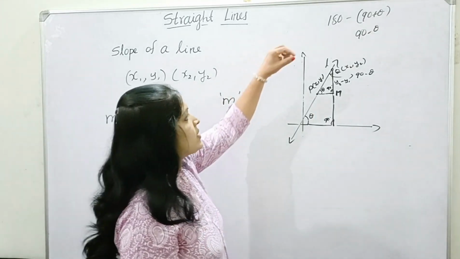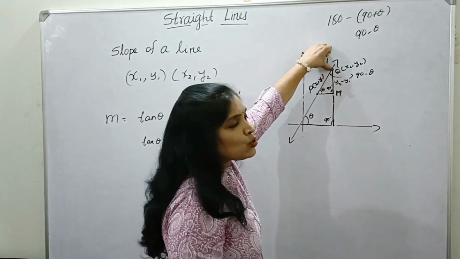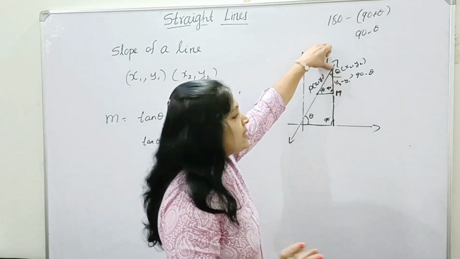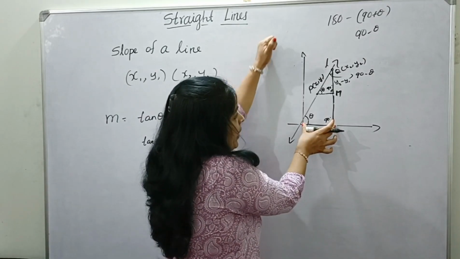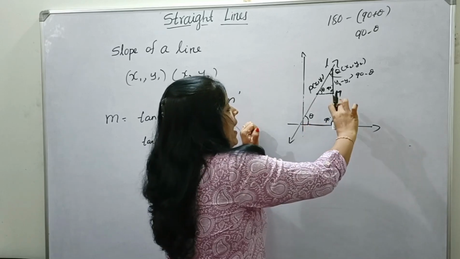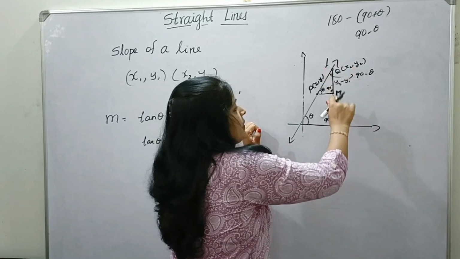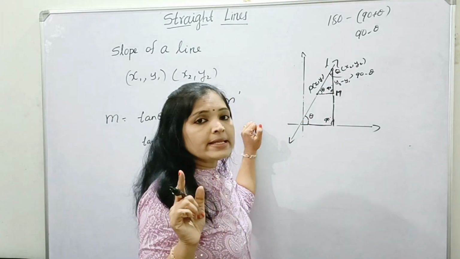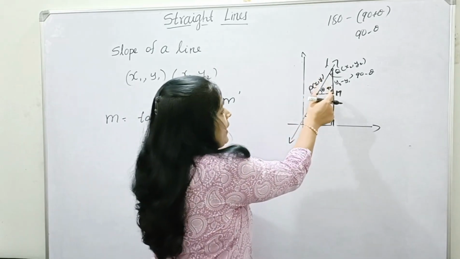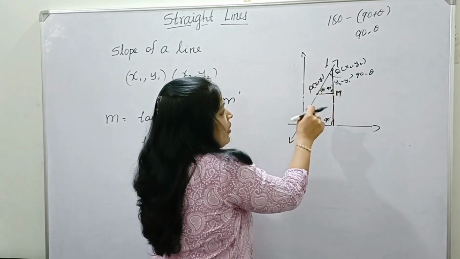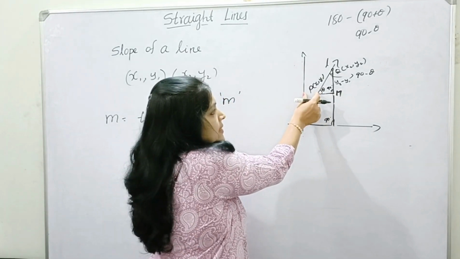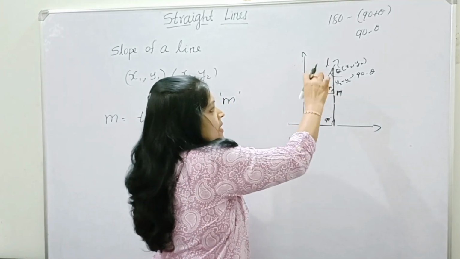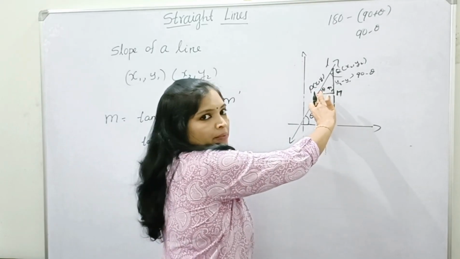Because it is the point x2, y2, that means from the origin this length is x2, and this distance is y2. Now let us take x1, y1. This distance is x1, and this distance is y1.